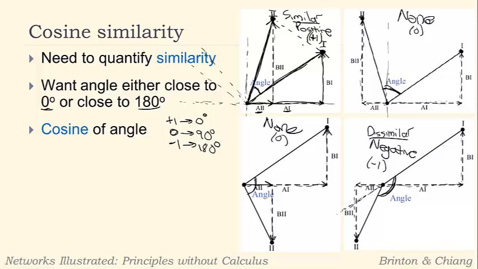So now, the way that we calculate the cosine similarity is by basically multiplying a user's preferences for each of the movies together and adding those up. So we would take A1 times A2, add B1 times B2, and then we actually divide by the length of each of these segments.